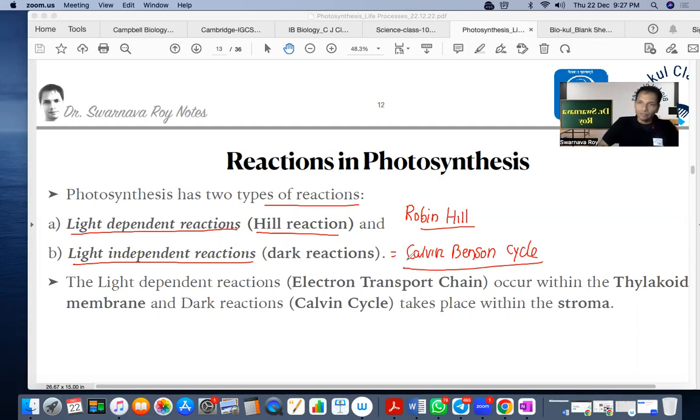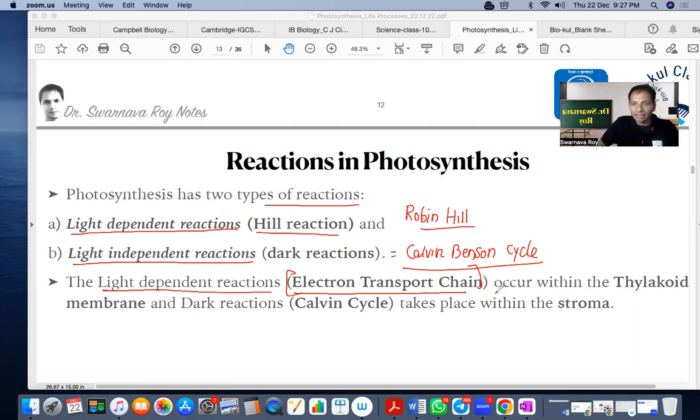The light-dependent reactions are basically an electron transport chain. I've already given an idea why it is called that, because in this light reaction, electrons are carried via electron carriers like plastoquinone, then cytochrome b6f, then plastocyanin. These electron carriers are bound to the thylakoid membrane and carry the electrons.